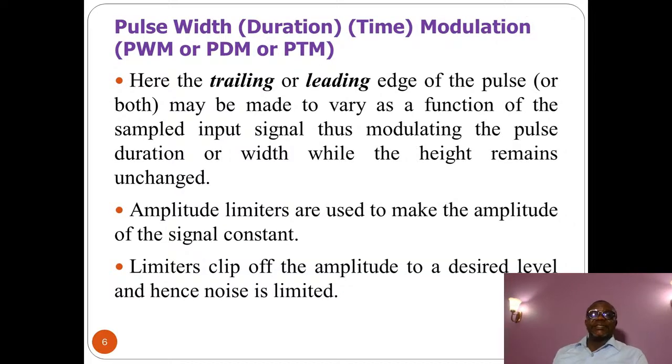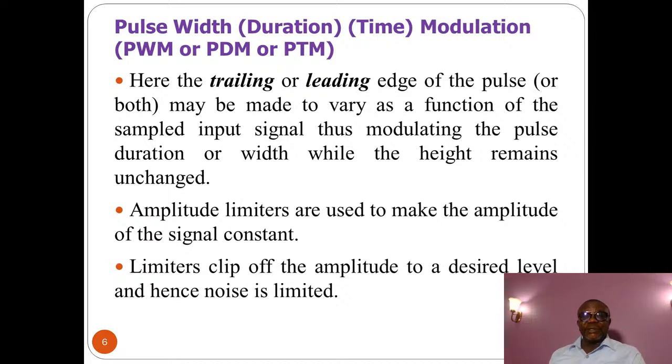The next one is known as the pulse width, some call pulse duration or pulse time modulation, noted as PWM or PDM or PTM. So here, the trailing or leading edge of the pulse or both may be made to vary as a function of the sampled input signal, thus modulating the pulse duration or width while the height remains unchanged.